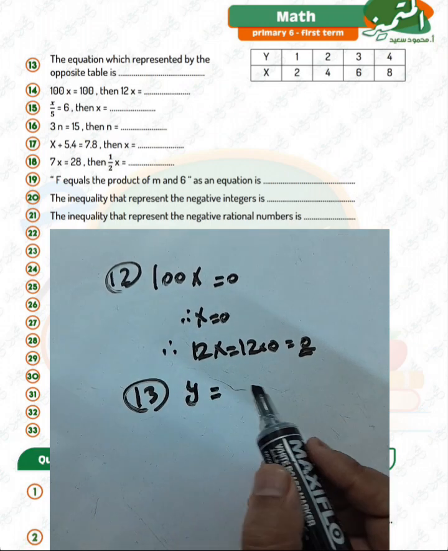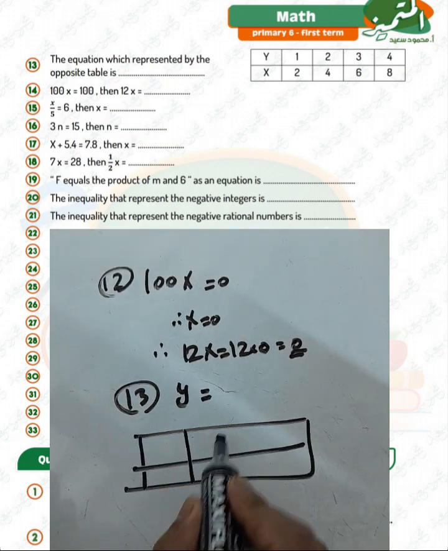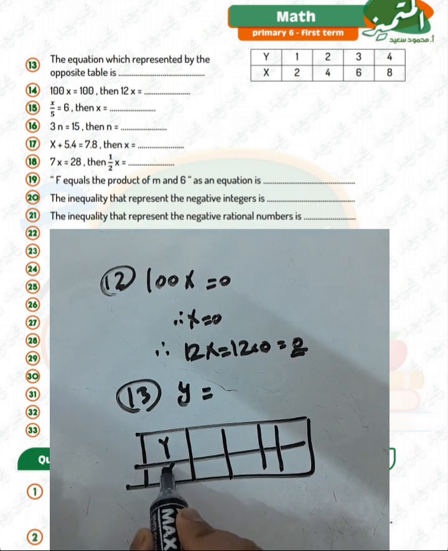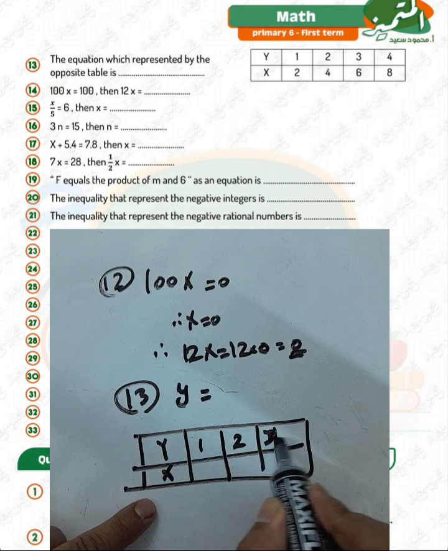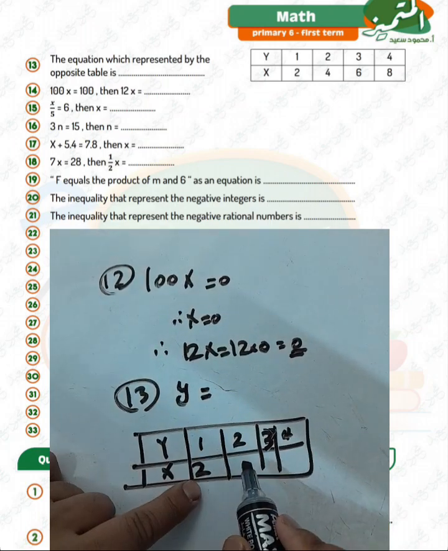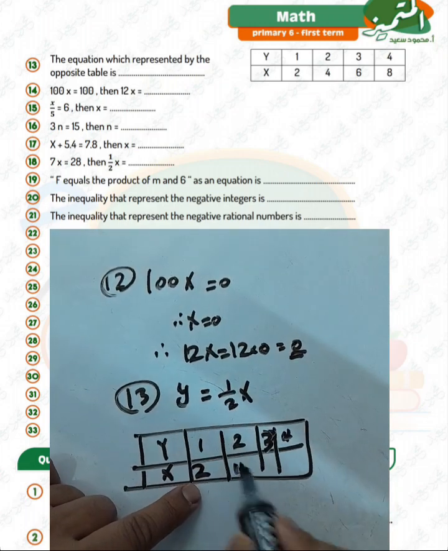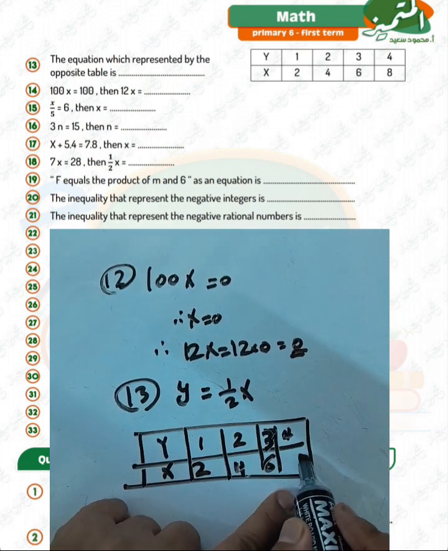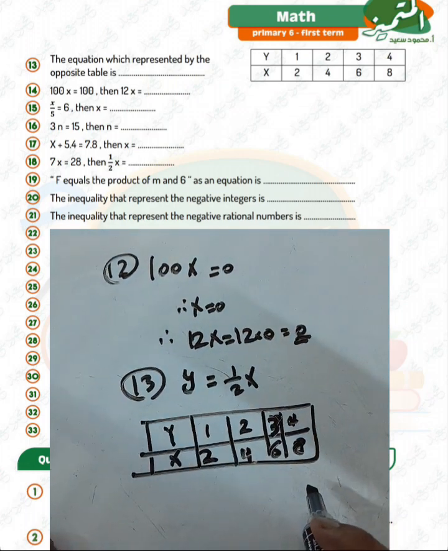But in this expression we have y and x: 1, 2, 3, 4, and 2. 1 times 2 equals 2. Then y is half of x. Half of 4 equals 2, half of 6 equals 3, half of 8 equals 4. Then y equals half of x. Okay.